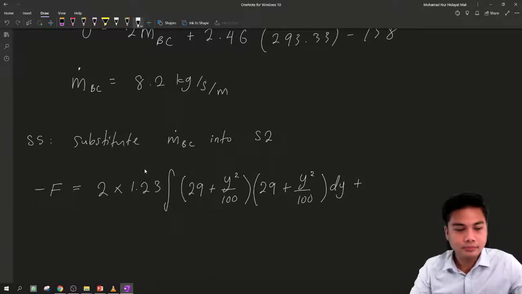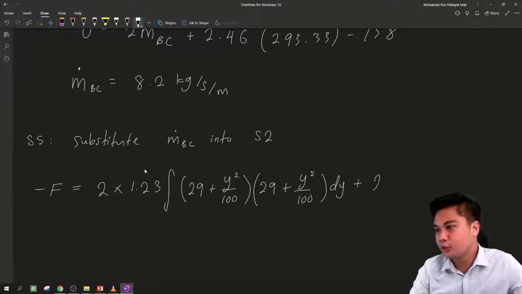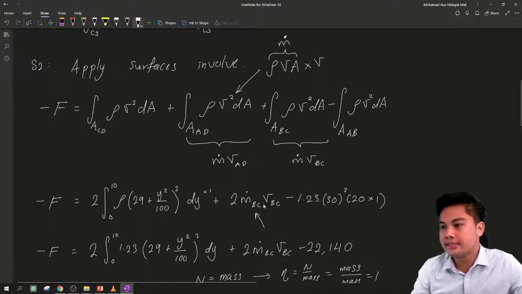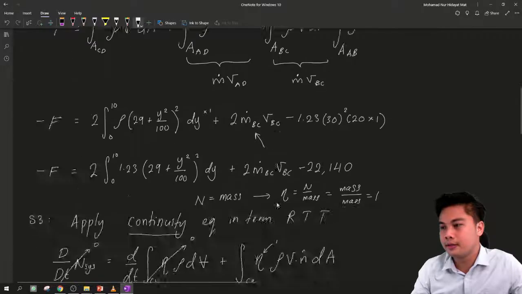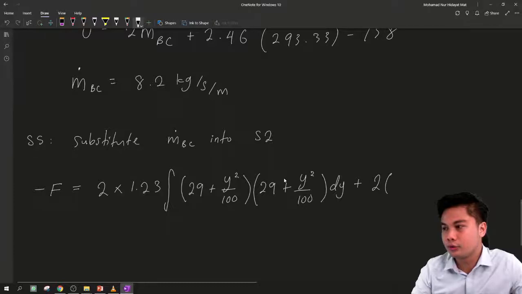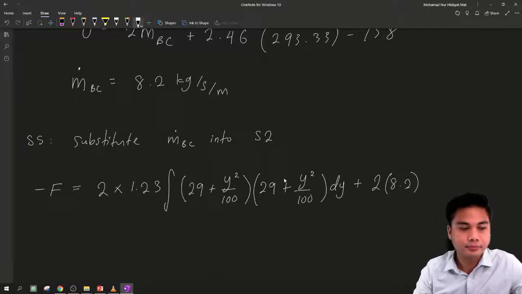Plus, previously, 2 multiplied by the mass flow rate BC here. You can see 2 m BC plus 2 mass flow rate multiplied by V. The mass flow rate we discovered to be 8.2, the BC, multiplied by the velocity, which is 30.